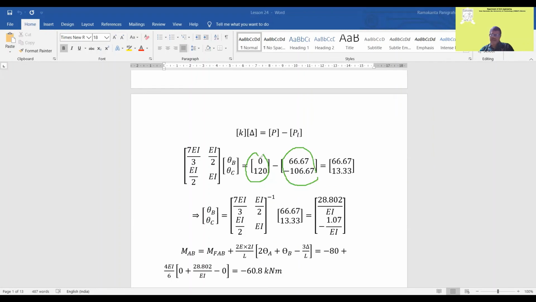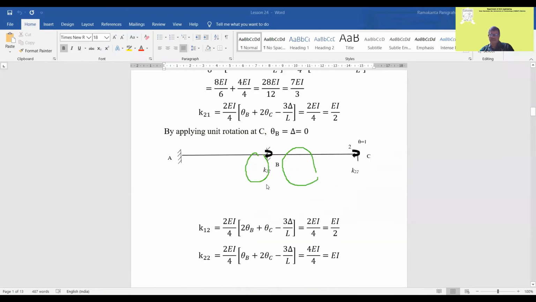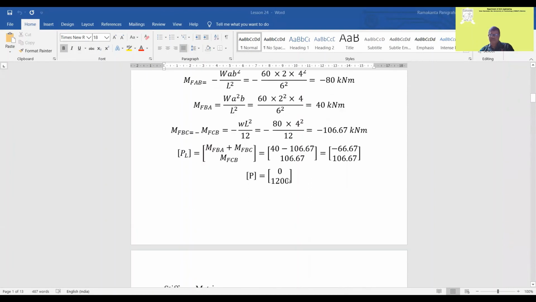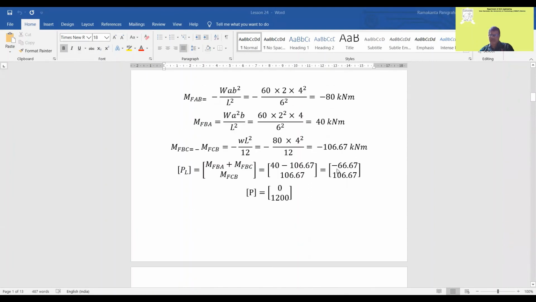Now P minus PL means 0 minus 66.67. This is minus 66.67.